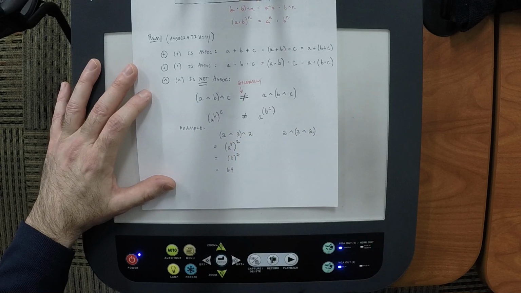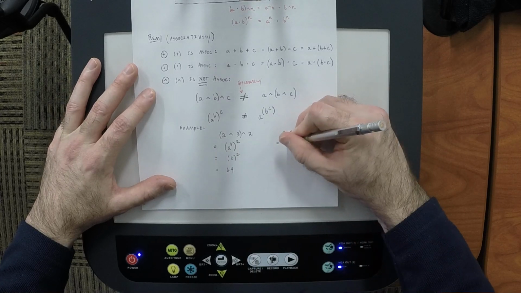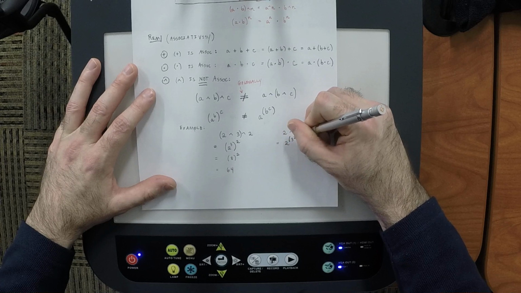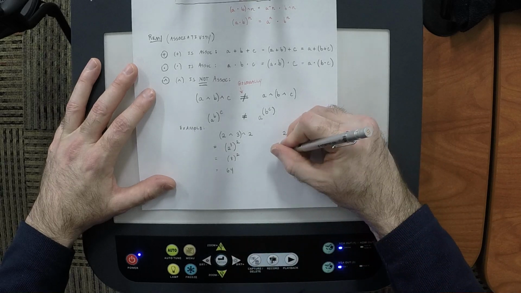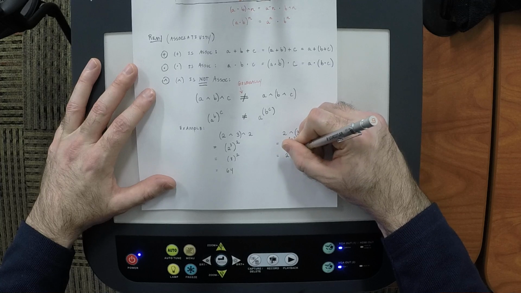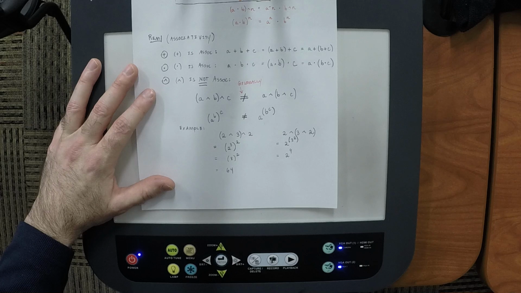All right, fair enough. So for this one, writing it without carets, this would be 2, and then in parentheses, 3 squared. All right, what is 3 squared? 9. So this would be 2 to 9. And well, what is 2 to 9? 512.